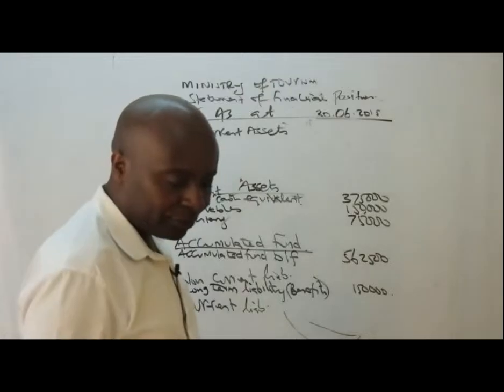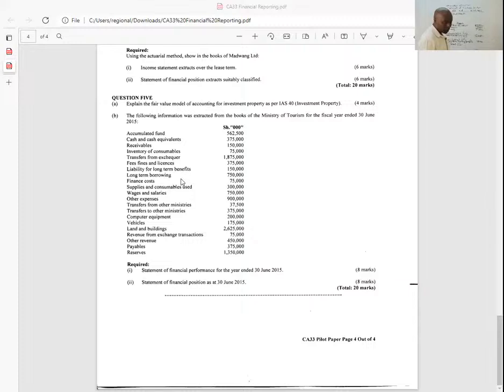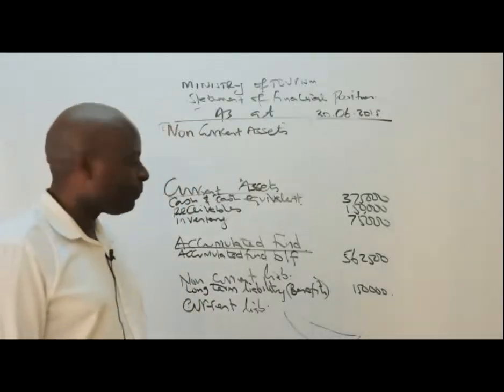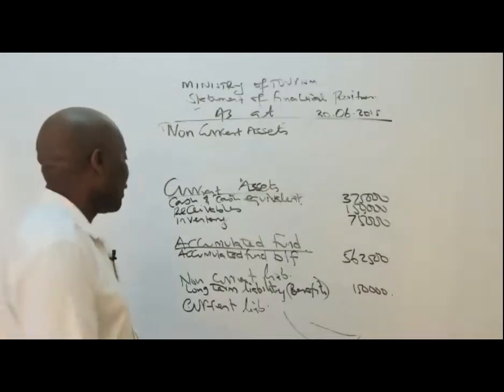Oh, yes. We have long-term borrowing. How about this long-term borrowing of 750,000? Where do I take the long-term borrowing? Again, on non-current. Thank you very much.